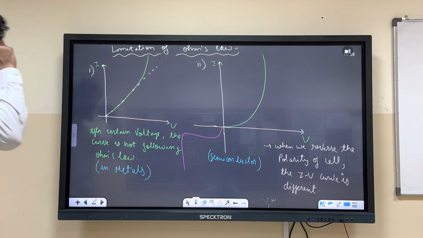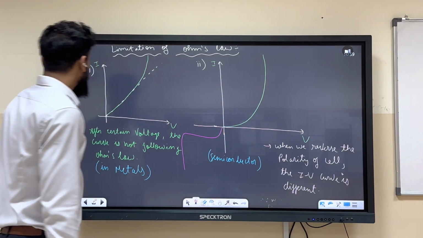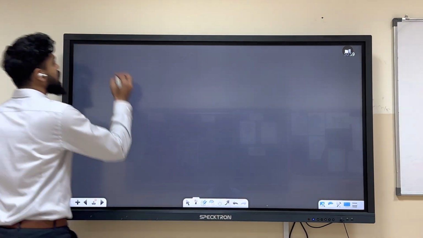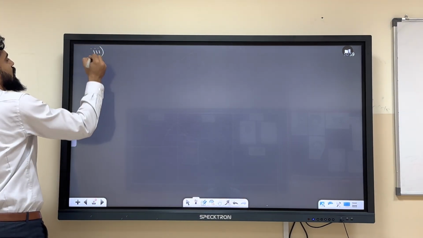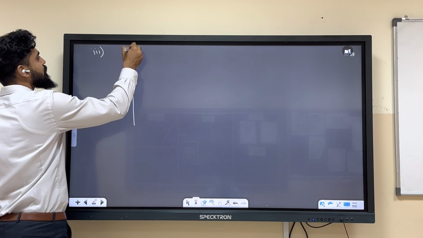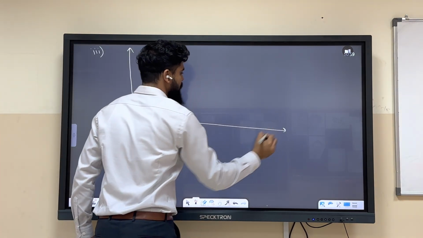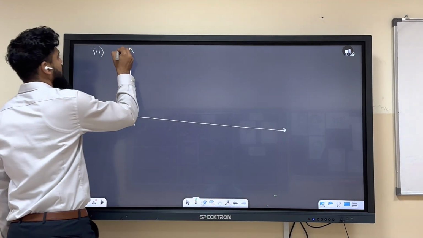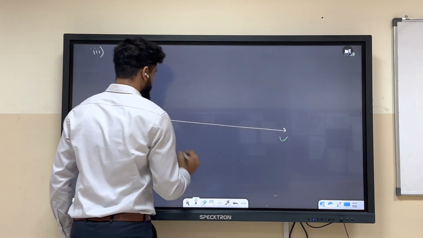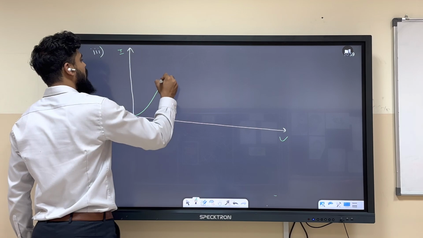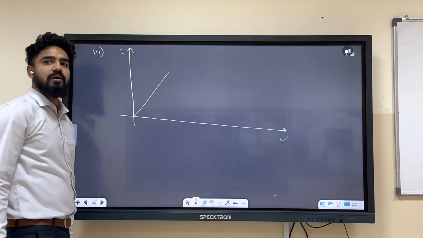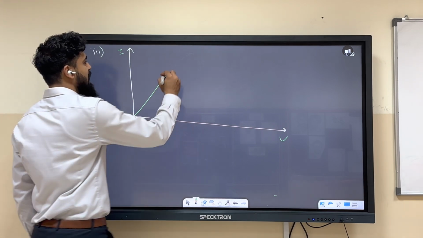Okay, few things that we should know. Now, coming on to the third limitation. In few of the compounds, I versus V is following Ohm's law for a certain time.